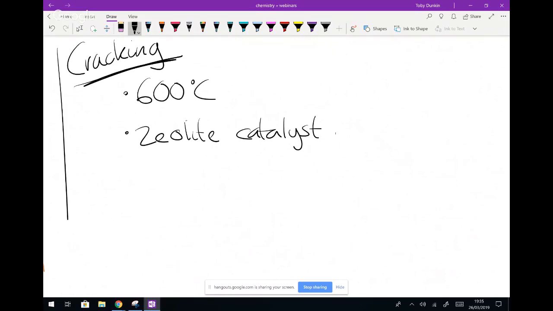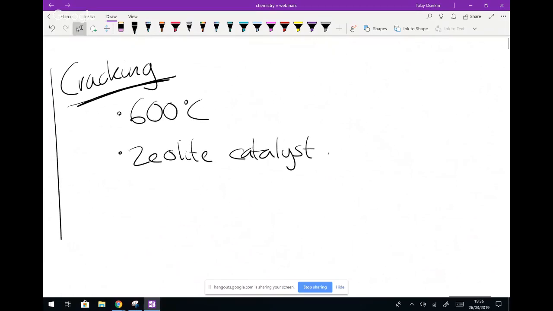The reason for this is because at A-level, you're not allowed to quote aluminium oxide or silica. Silica's sand. It's not a catalyst for cracking. They're just trying to simplify it down. And at A-level, you will have to quote zeolite. So just learn the right one.